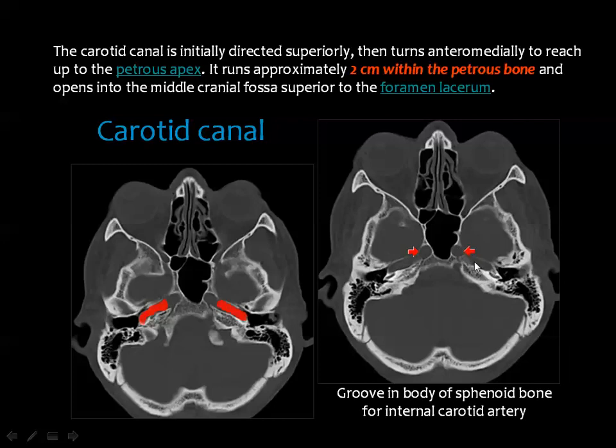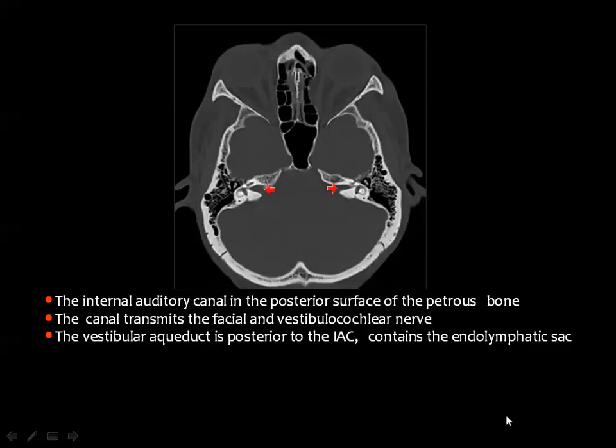After passing through the canal, it will go into the cavernous sinus, and after that it will divide in the supraclinoid area into the middle and anterior cerebral arteries. And here you can see the internal auditory canal, and through the internal auditory canal pass the acoustic nerve as well as the facial nerve.